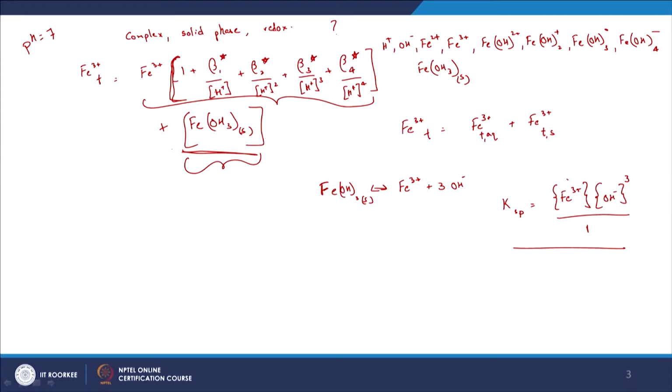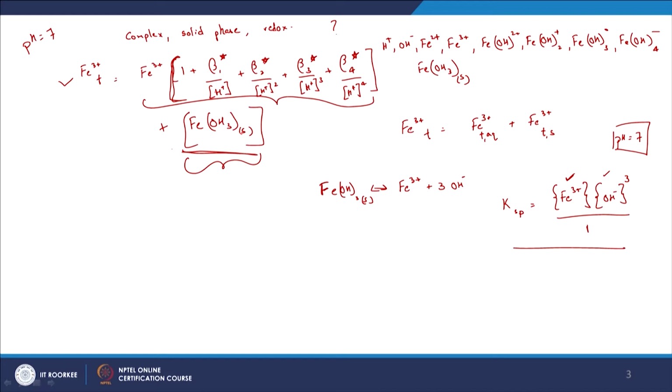So, this is our second equation, and we still have Fe3+. We know the value of OH- because we are assuming the pH to be 7. So, the only unknown here is Fe3+, and here we have Fe(OH)3 solid.